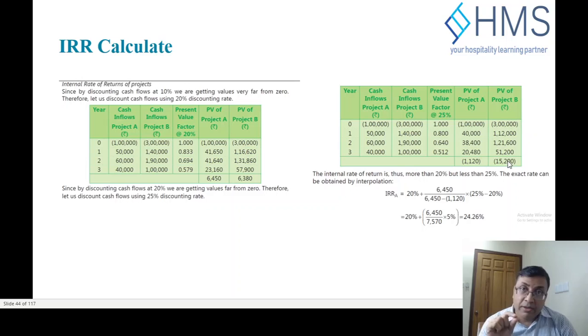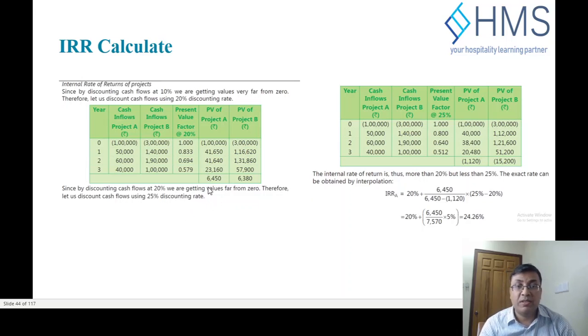The method to calculate the IRR is the lower rate of 20%, plus the net present value of the lower rate, divided by the difference between the net present values. So 6,400 is the first project's NPV, which will be divided by the difference of the two.